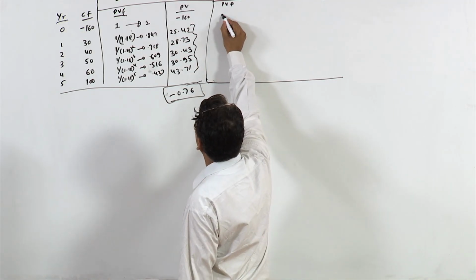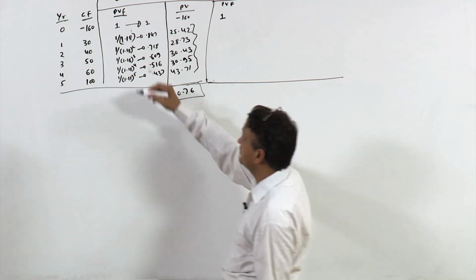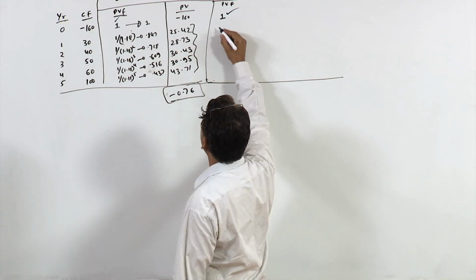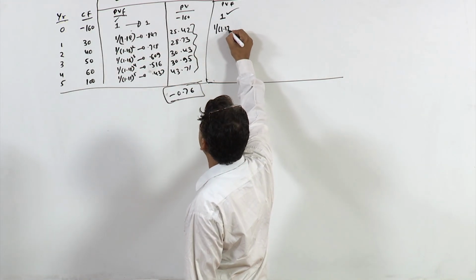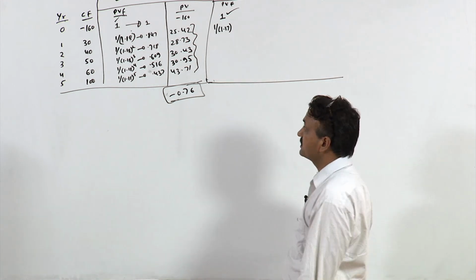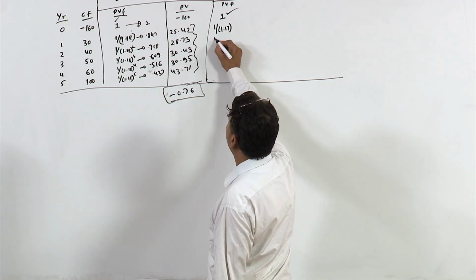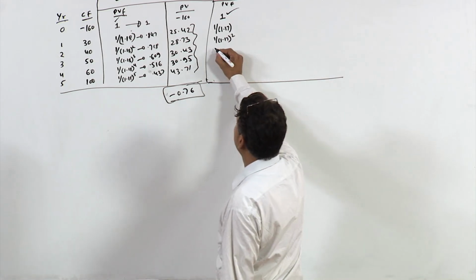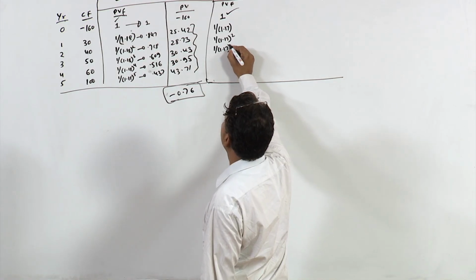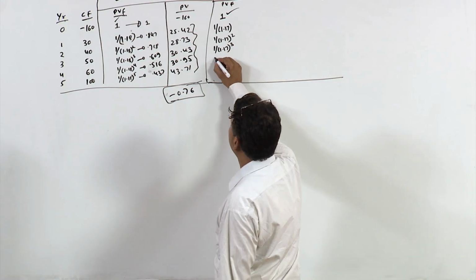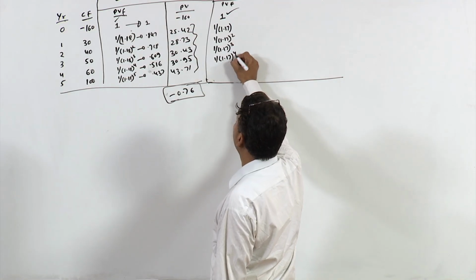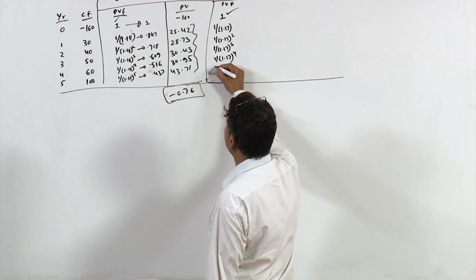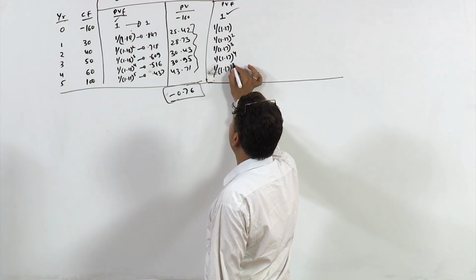So initially 1, just like this, 1, 1, then 1 upon 1.17 for first year, 1 upon 1.17 square for second year, 1 upon 1.17 cube for third year, 1 upon 1.17 to the power 4 for fourth year, and finally 1 upon 1.17 to the power 5.